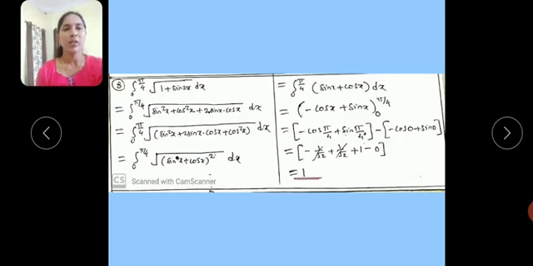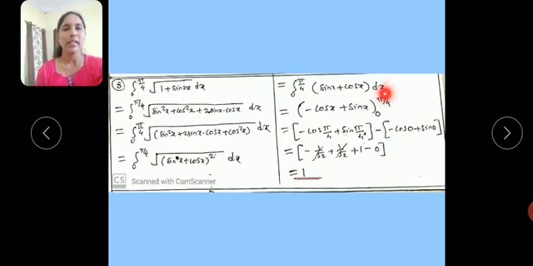Here some value its square is under square root. Square root means any value raised to 1 by 2. Here 2 and 1 by 2 get cancelled, we get this step: integral from 0 to pi by 4 of sin x plus cos x dx. This is equal to minus cos x plus sin x from 0 to pi by 4.